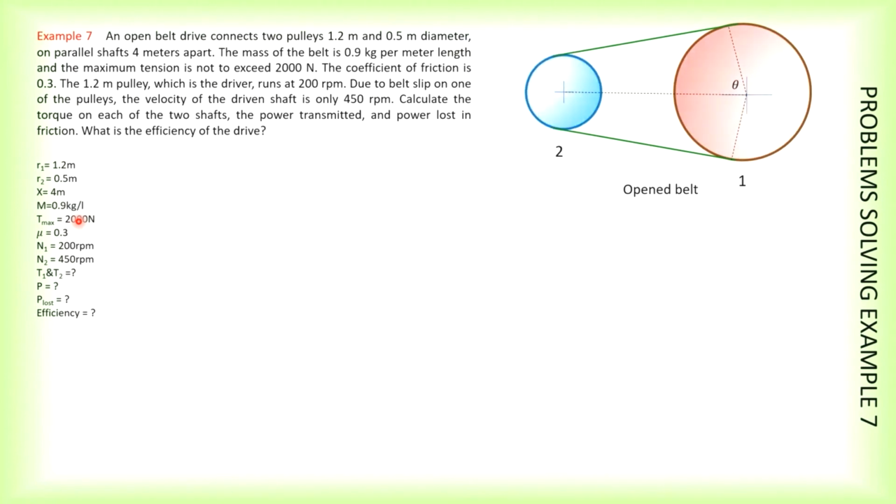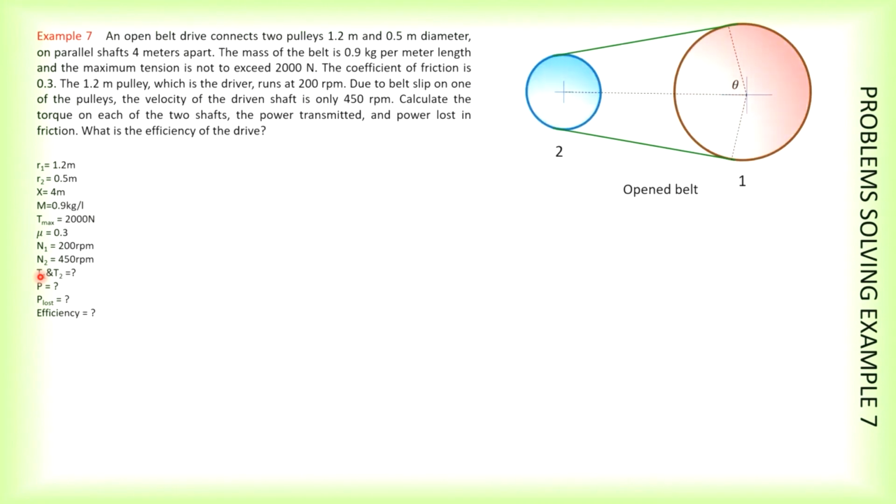Okay, so it is either way from the previous ways of example 5 and example 6. You can use example 5 and example 6 way of solving example 7. Okay, so they ask us to find the power loss and the efficiency, the torque on T1 and T2.